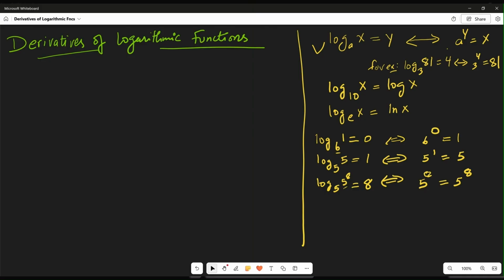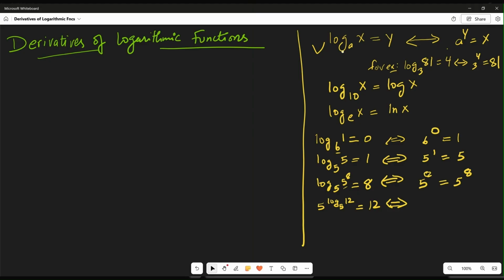And you'll see another expression of this, where the whole thing is in power: 5 raised to the power log with base 5 of 12 is equal to 12. Again, what we are seeing here is the same thing. This is a raised to power y is equal to x.